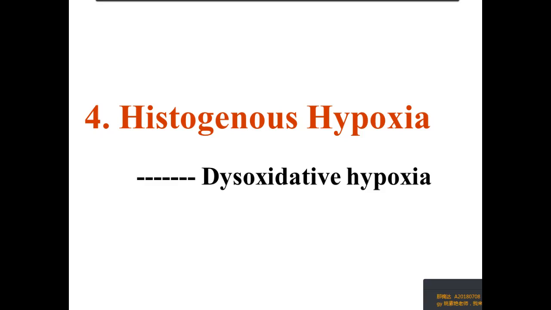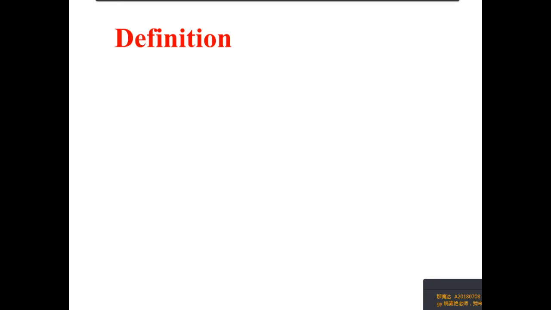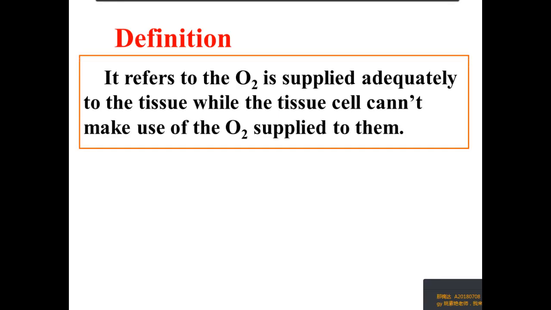Histotoxic, dysoxidative hypoxia. Now ketogenous hypoxia, supply oxygen normal, but utilize oxygen decrease. Now it refers to the oxygen supply adequate to the tissue, where the tissue cell can't make use of the oxygen supply to them.